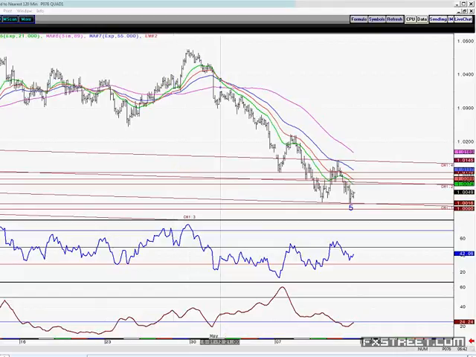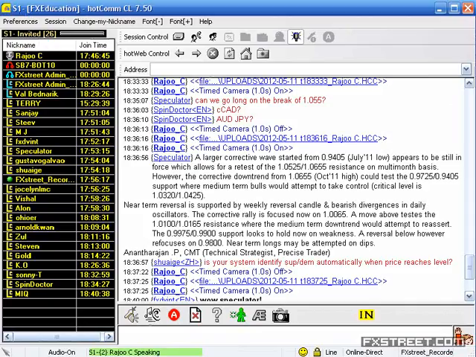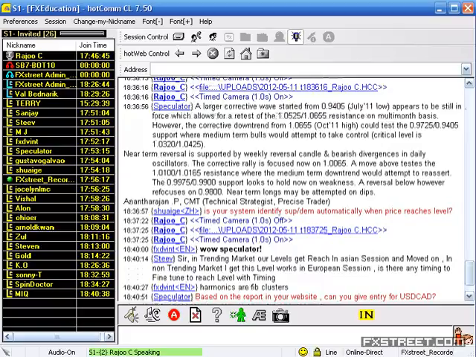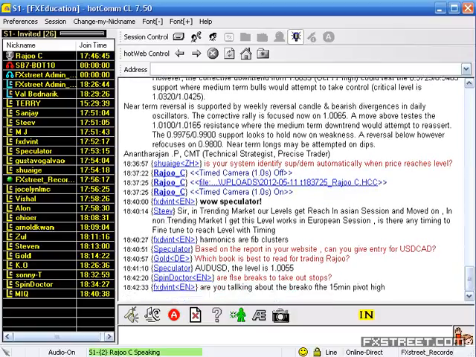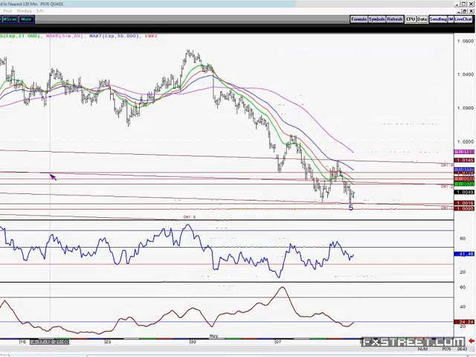In a trending market, our levels get reached in the Asian session and price moves on. In a non-trending market, I get this level works in the Europe session. Is there any timing to fine tune reaching a level with timing? See, that is a difficult question, difficult to give one perfect answer.